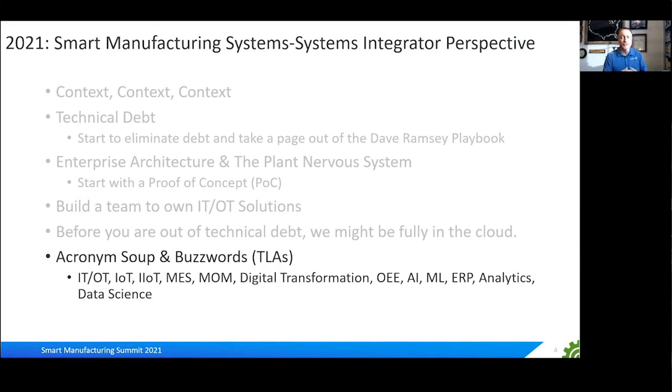And so I just encourage people to ask the right questions, draw pictures, understand what these mean. AI and ML and data analytics are not going to magically solve all of these problems. We have a lot of busting up concrete to do and moving around monuments and eliminating technical debt to get to where we want to go. So just understand those buzzwords. Those are my comments from the systems integrator community.